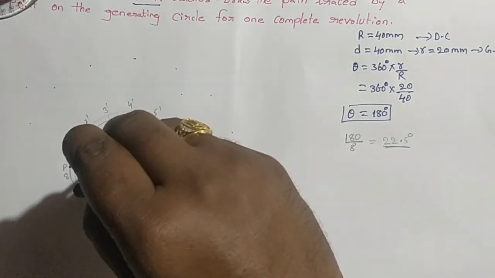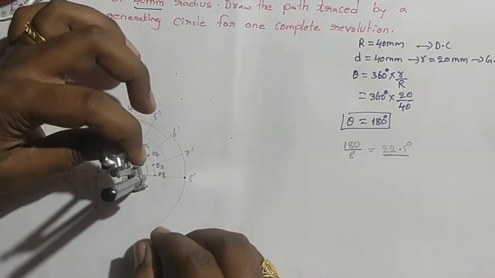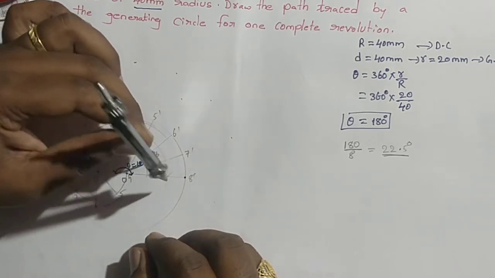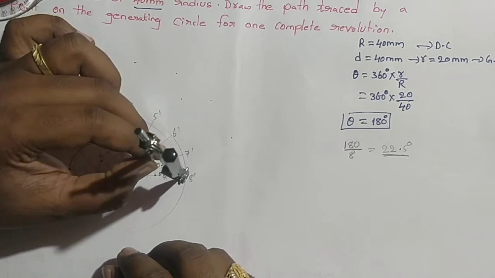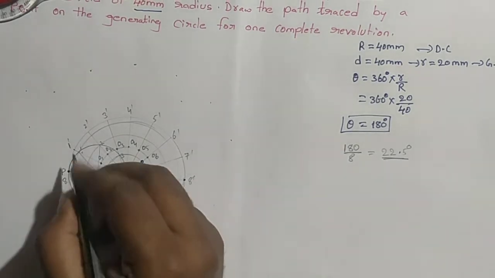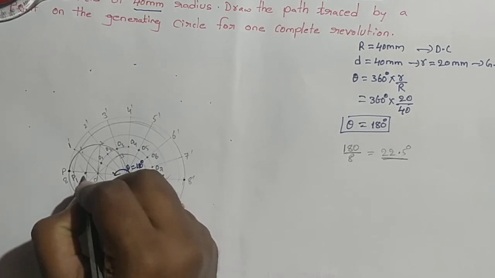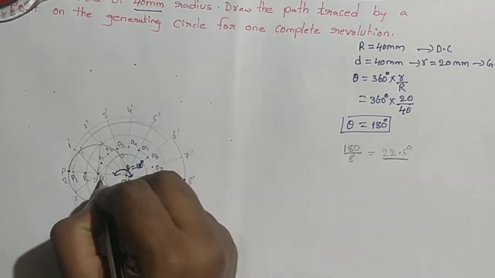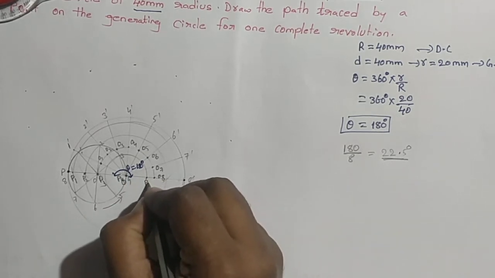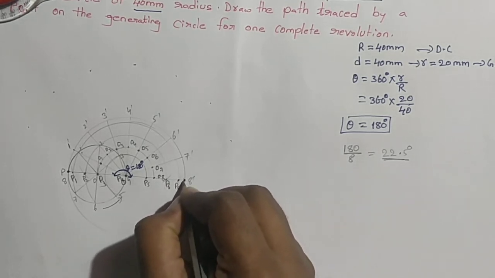Next O4, next O5, next O6, next O7, next O8. We got all points: P1, P2, P3, P4, P5, P6, P7 and P8.